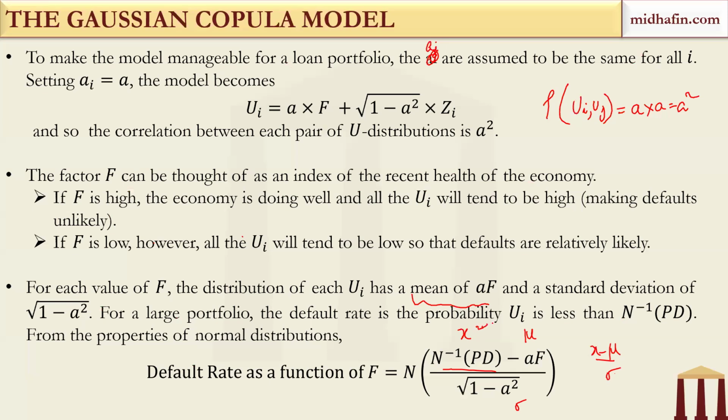X will change continuously based on changing PDs. If you are talking about a single value of PD, we can assume it to be 1%, 2%, whatever. But if you want to talk about the whole distribution of PD, PD will take all possible values, and that is why X minus mu by sigma will take all possible values. Once you take the N of it, you will get the entire distribution.